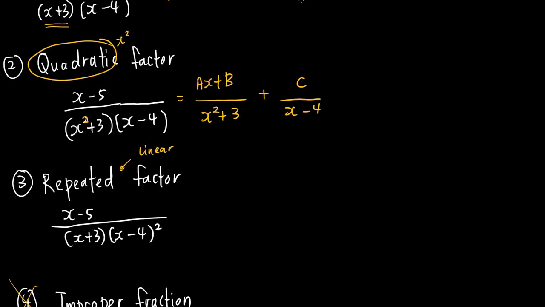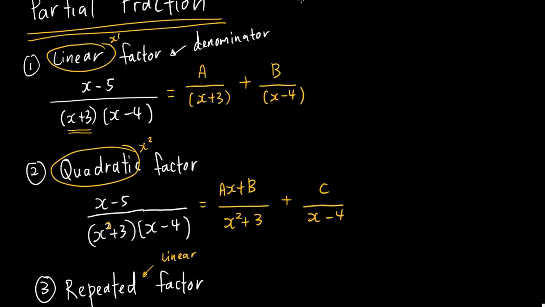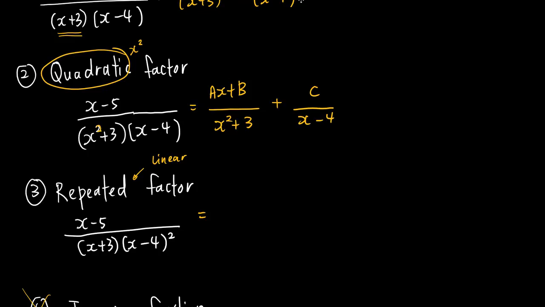Alright, repeated factors over here are actually quite similar to linear factors, but what you will do is this: this is linear, right? This is just a linear, so I will just do a over x plus 3. Okay, so this is another linear, but it repeats, right?